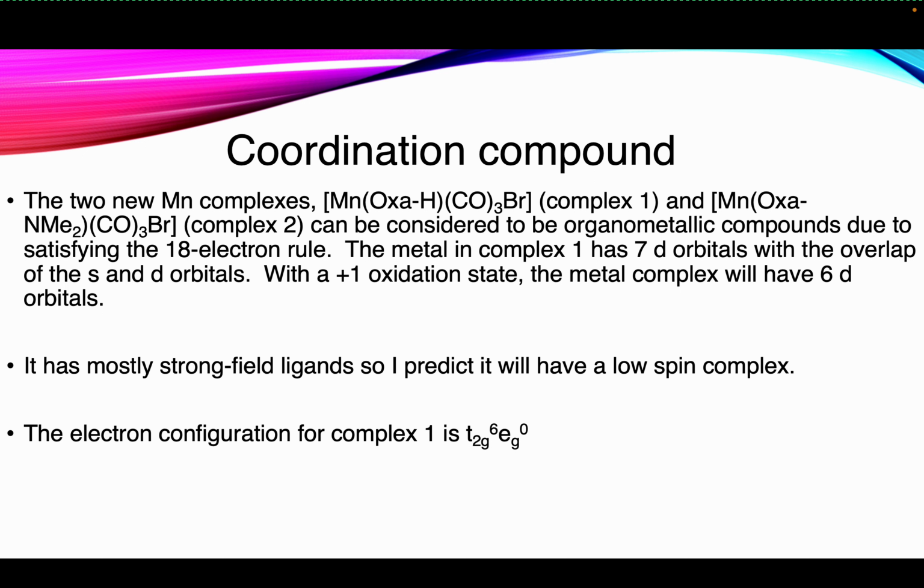The metal in complex 1 has 7 d orbitals with an overlap of s and d orbitals, but it also has a +1 oxidation state, giving the metal complex only 6 d electrons. Complex 1 has mostly strong field ligands, so I predict it will have a low spin complex, and the electron configuration is t2g6, eg0.